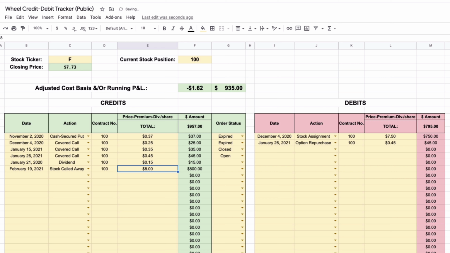Okay, so we receive a net credit cash there of $800. We now need to reflect that in the current stock position, which is now flat. We've gone through one complete cycle of the wheel and we're back at the stage where we'd be looking to sell cash secured puts. So the total net credits received over the course of all these various trades and actions is $162.